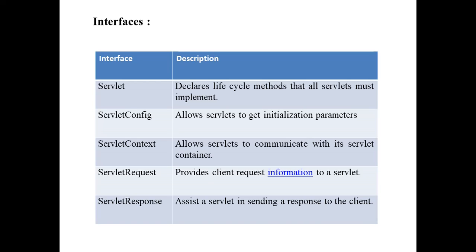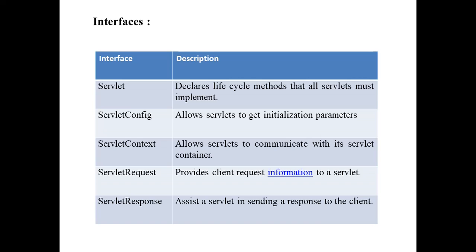The next interface is ServletConfig. This interface allows a servlet to get the initialization parameters. So this interface obtains the initialization parameters. The third interface is ServletContext. This interface allows the servlet to communicate with its servlet container.